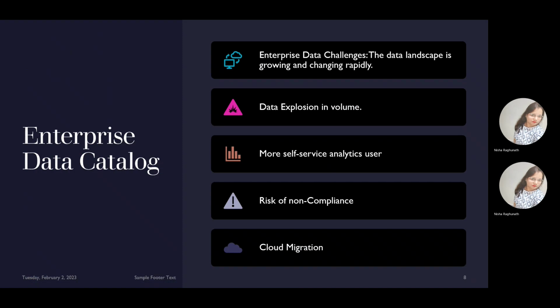So the next topic is enterprise data catalog. A data catalog is nothing but what our data is and how the data is used. It helps us to understand the complexity of the data, and the data should be organized in such a way that by looking at it the business person would be able to make the right decision for running the business.